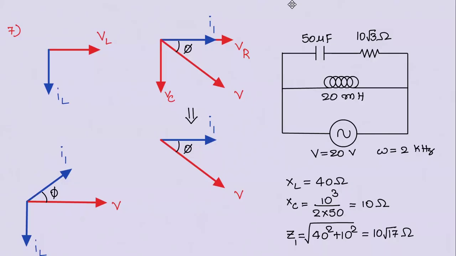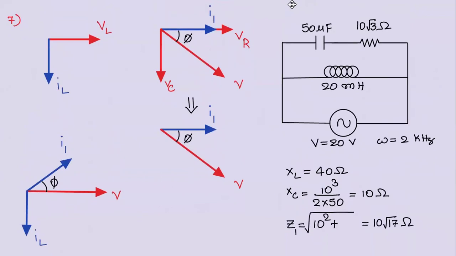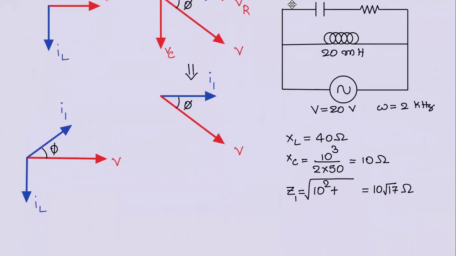Yeah, my blunder is that I added XL and XC. Actually, XC and R we have to add for Z1. Yes, sir. Correct. That's the point. 10 square plus 10 root 3 whole square.